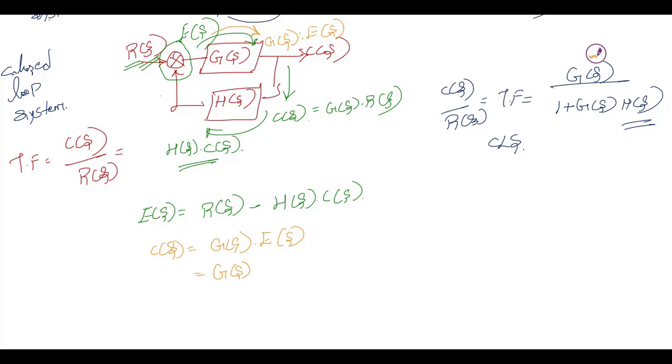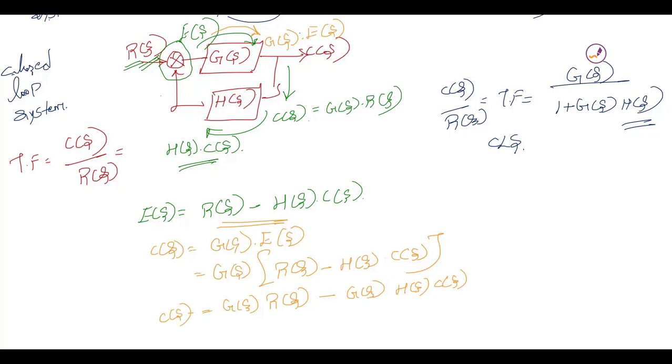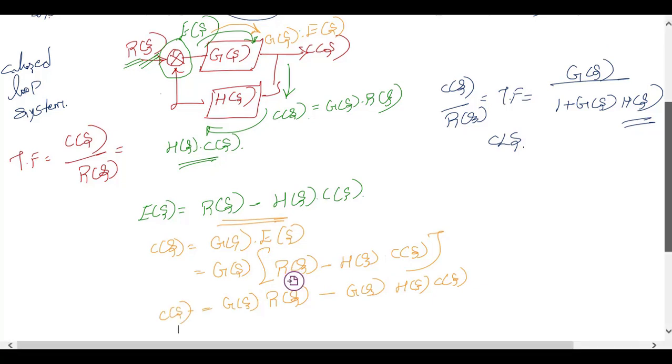Substituting this, E(s) is R(s) minus H(s) into C(s), and multiplying this by the open loop gain and expanding, we get C(s) equal to G(s) R(s) minus G(s) H(s) C(s).